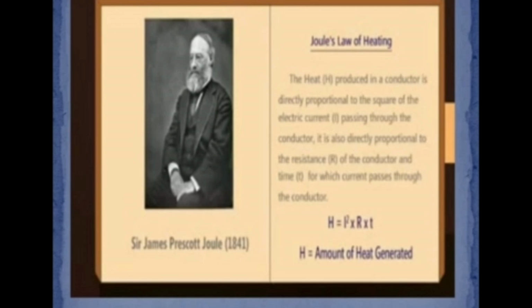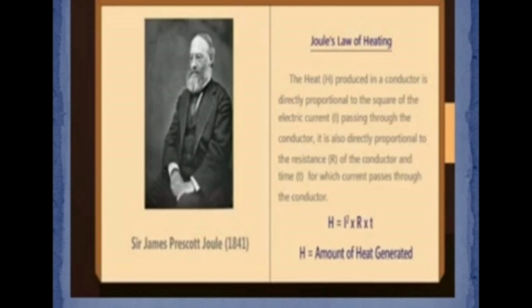The heat produced in an electrical circuit due to the flow of current is directly proportional to the square of the current, directly proportional to the resistance of the circuit, and directly proportional to the time of flow. So this is called Joule's law: H is equal to I square RT.